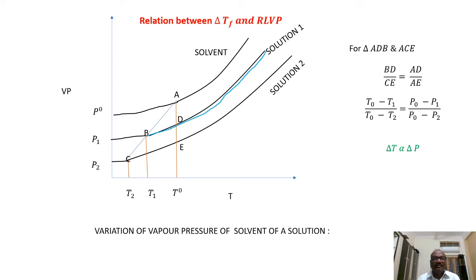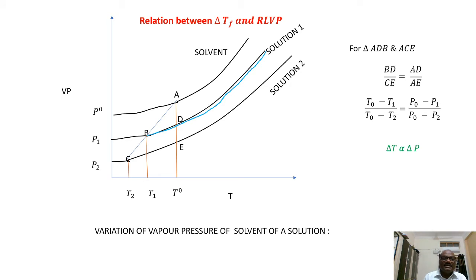At point B, what happened? The liquid solvent in the solution and the solid solvent will exist in equilibrium at point B. Means at point B you can see both phases of the solvent, the liquid phase as well as the solid phase, existing in equilibrium.